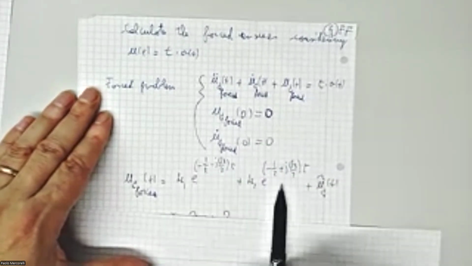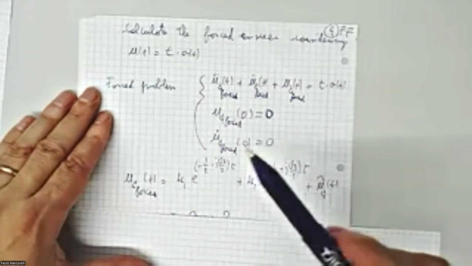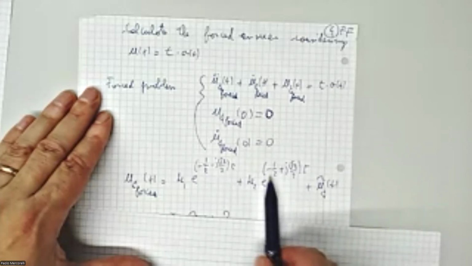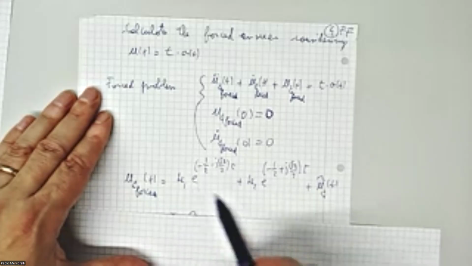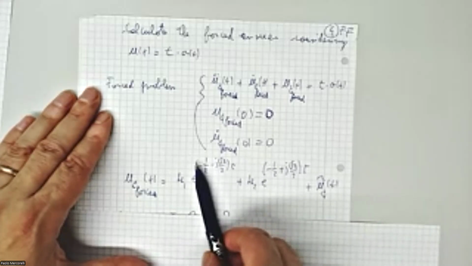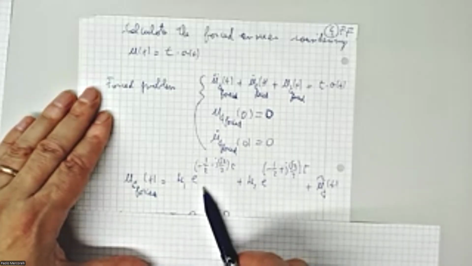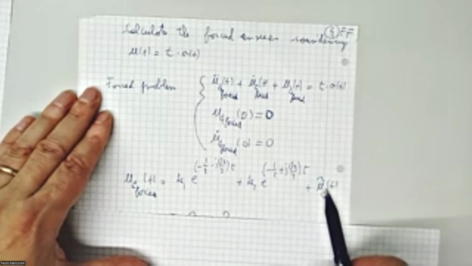This means I can assume, and I demonstrated too that this assumption is totally justified, that the structure of the forced answer consists basically of a part which is quite similar, the same, except for the constant, as the solution of the free, plus something which I have to calculate.